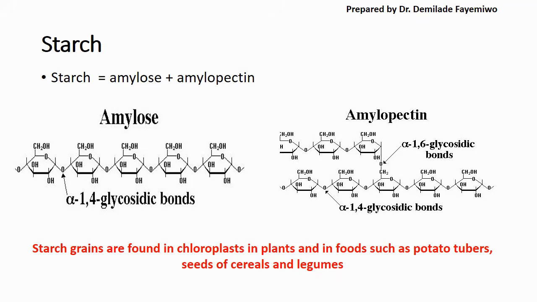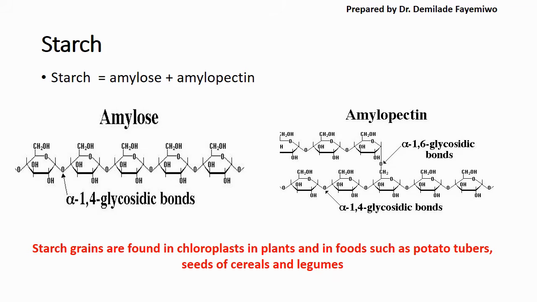When you look at amylopectin, on the other hand, amylopectin has what we call the alpha 1,6 glycosidic bonds as well as the alpha 1,4 glycosidic bonds. So you can think of amylopectin as structures of amylose that are then joined to structures that are above or beneath them in order to form a branched chain.